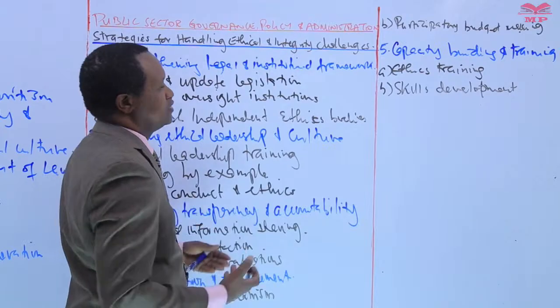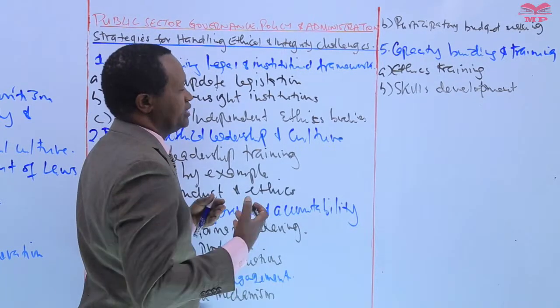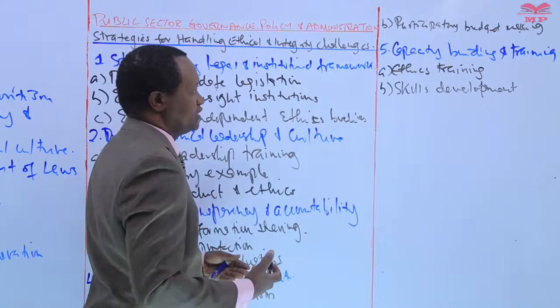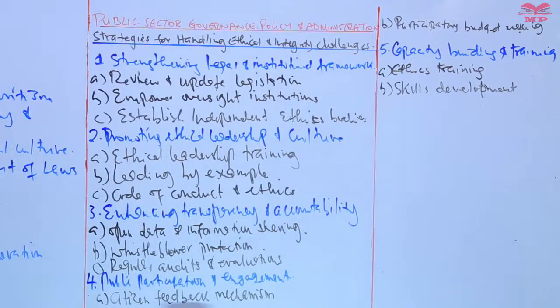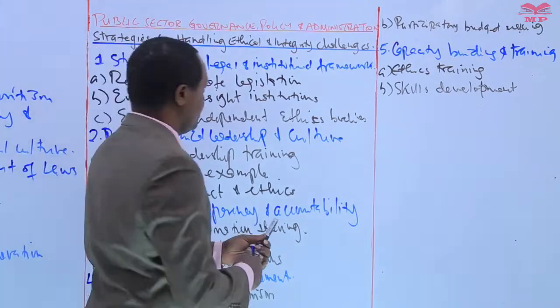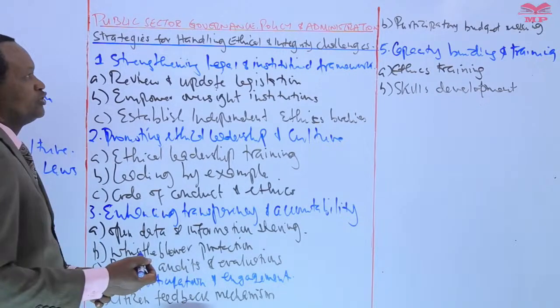Train the civil servants, develop their skills so that they can deliver their services and do away with corrupt practices. That is point number 5, capacity building and training.